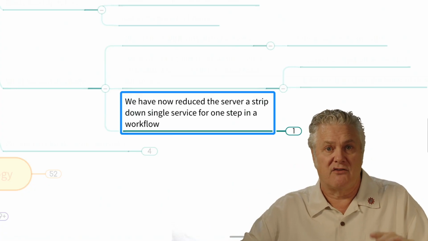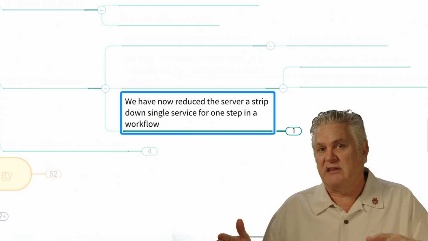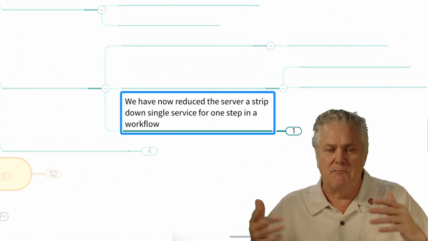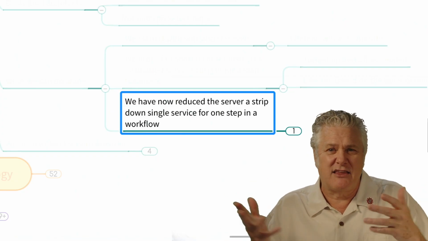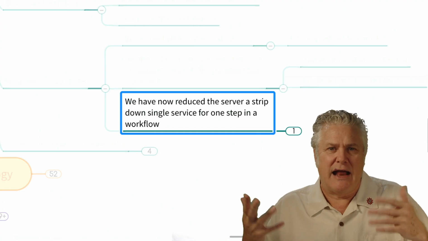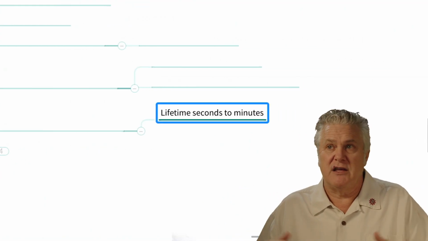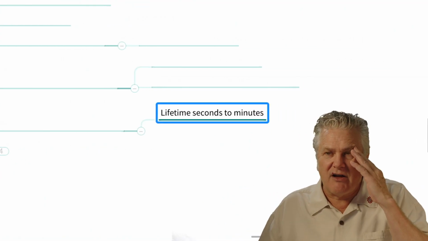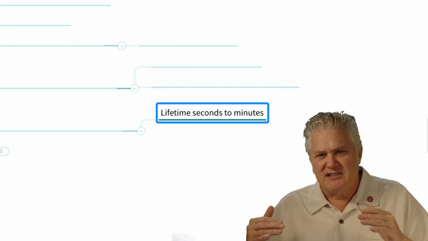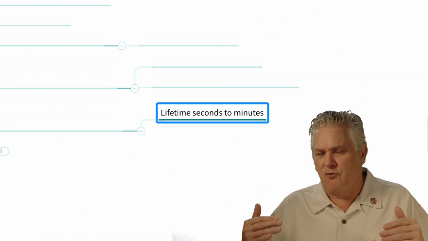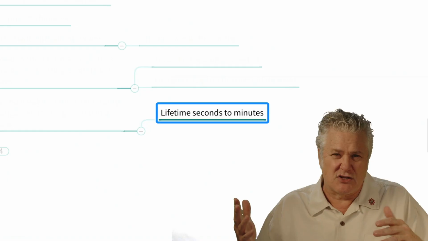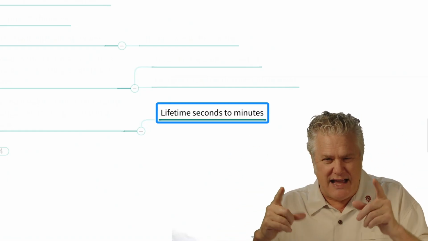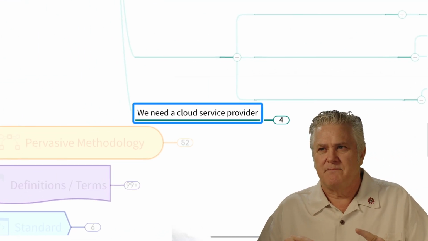And that's all it does. And the rest of the time, it doesn't do anything else. I build that into my workflow, but I could theoretically turn that thing off anytime that I'm not recording video. Now our lifetime has been reduced to either seconds or minutes for that particular function. Sometimes it's a little bit longer, but we're reducing down, and that's the idea that I want you to get.